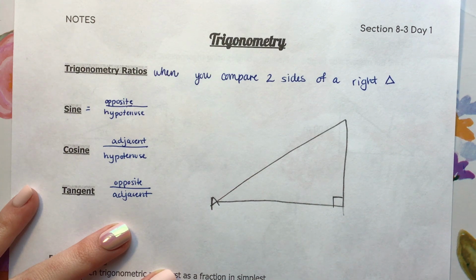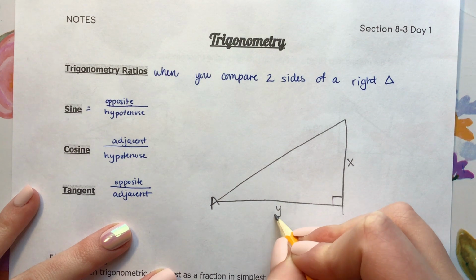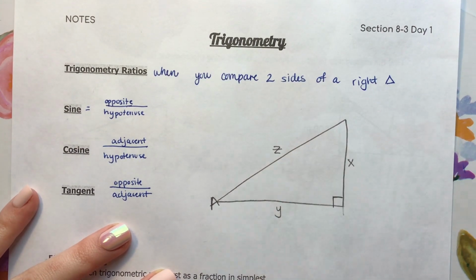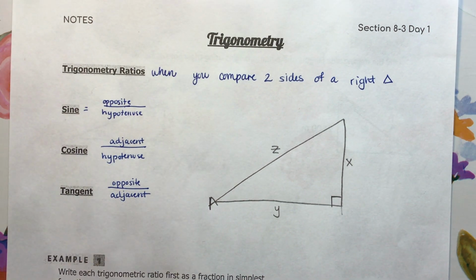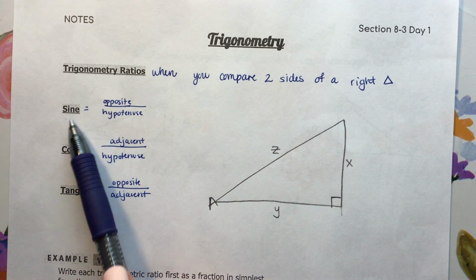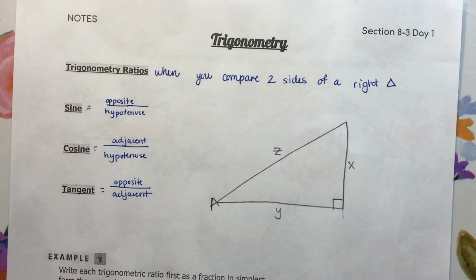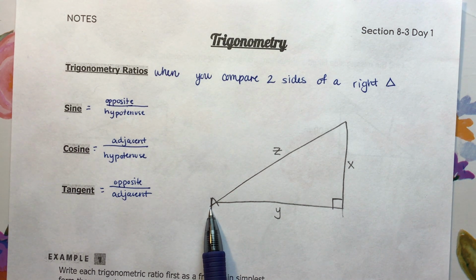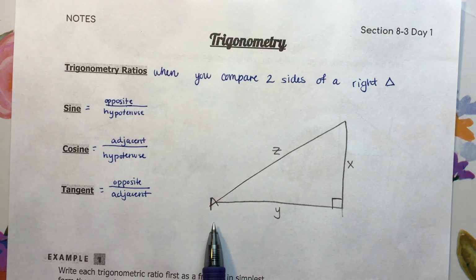And let's call the sides of the triangle X, Y, and Z. Now, when I have comparisons considering sine, cosine, and tangent, I might ask myself, what is the sine of angle A? So I'm asking myself, what is the ratio of the opposite side and the hypotenuse in relation to angle A? So let's do that.